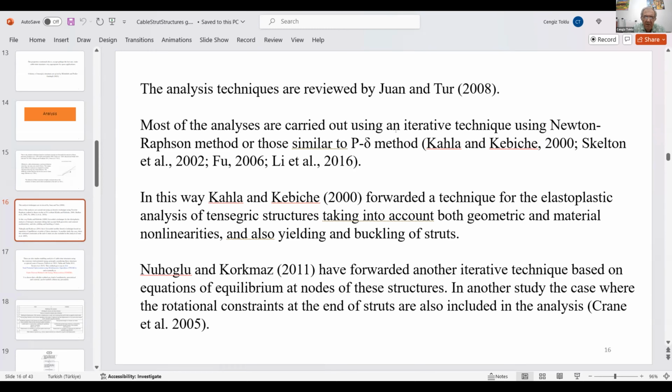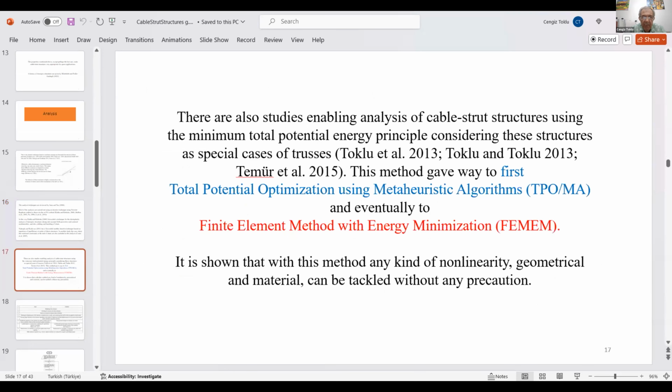So, for example, we apply a method called the P-delta method, which means you apply a small amount of force to the structure, it deforms, and then you consider that deformed structure and add another small amount of force. So, by iterations, you go up to the known level of force to solve the system.